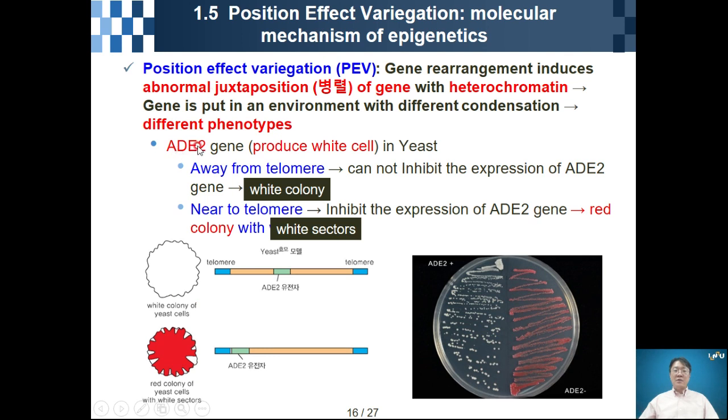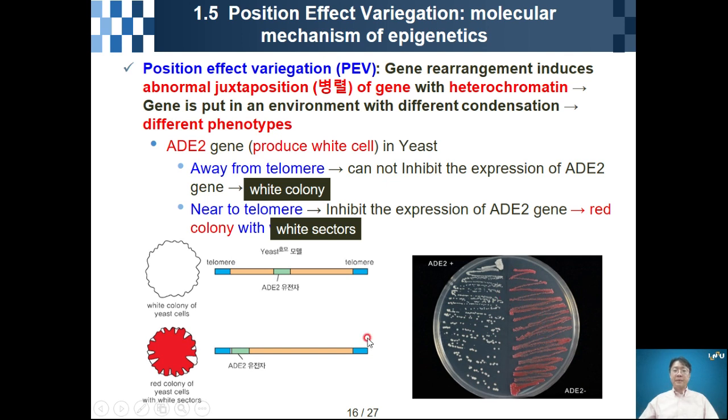Initially, the ADE2 gene has to produce a white cell, but in this case, the ADE2 gene is sometimes repressed or sometimes activated, so it can make the red cell, and also the white sector is like this. So this is the ADE2 negative gene.